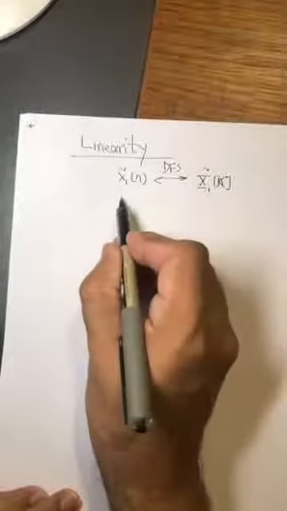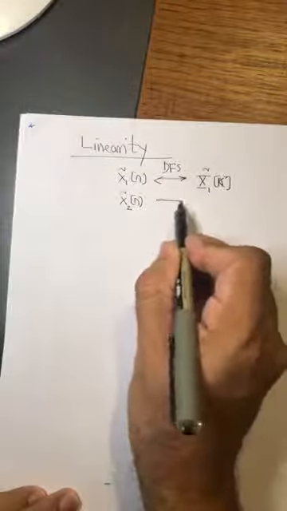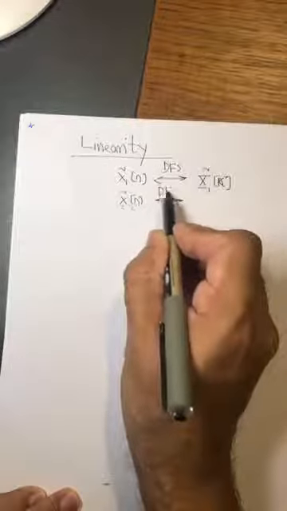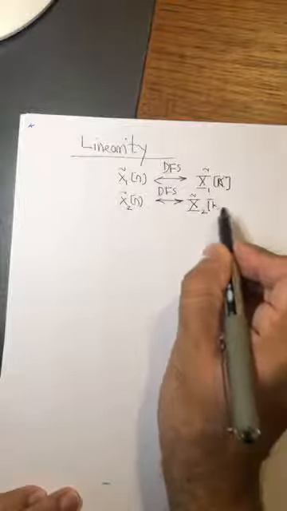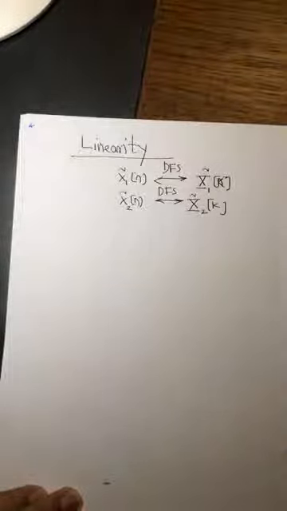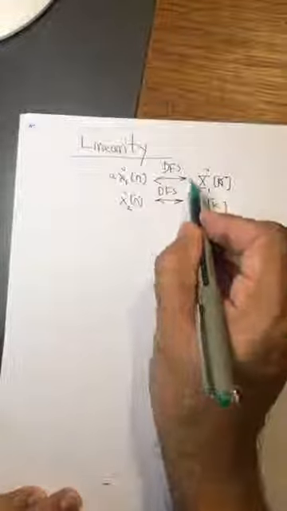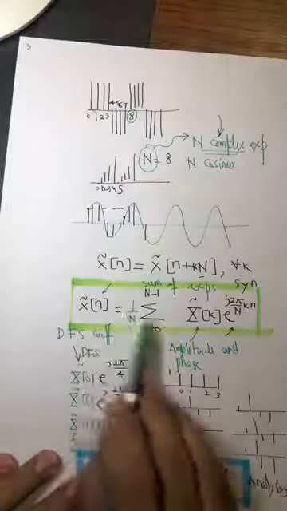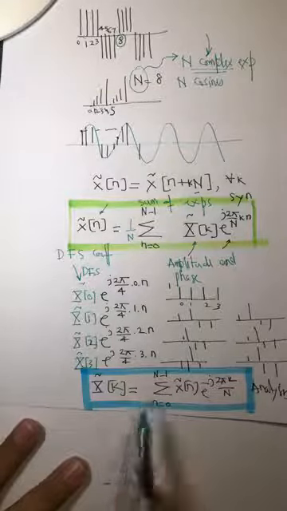So if this is this, and there is another N-point periodic signal whose discrete Fourier series coefficients, or discrete Fourier series, is x2 tilde of k. If you multiply this with a, the linearity says, because the formula is a summation, that a will come out of the summation.